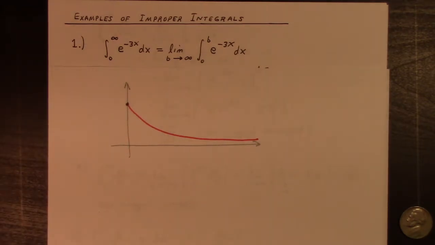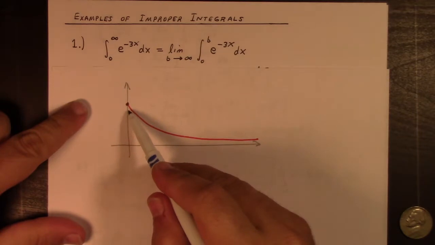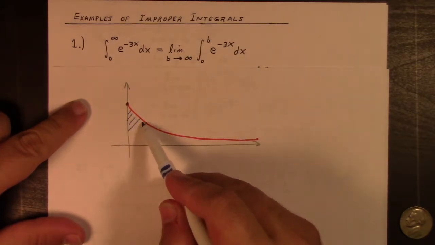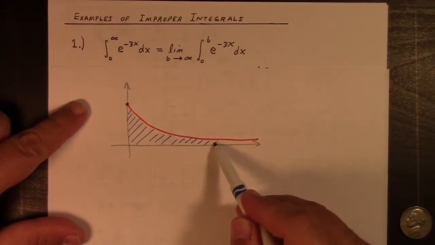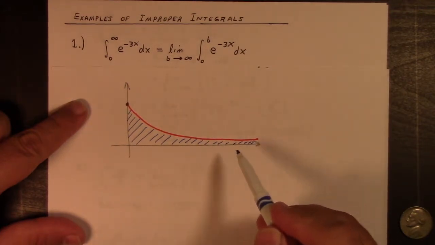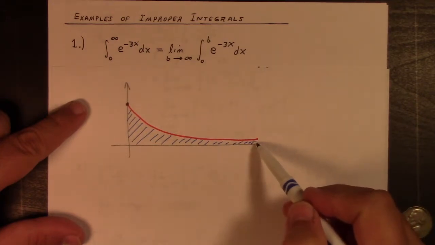And so what we've just calculated is that the area bounded between the x-axis and the graph y equals e to the minus 3x, which is the red curve, this area here, is in fact equal to 1/3, even though it's got this side down here which has an infinite length. The height actually turns up a little bit there at the end.